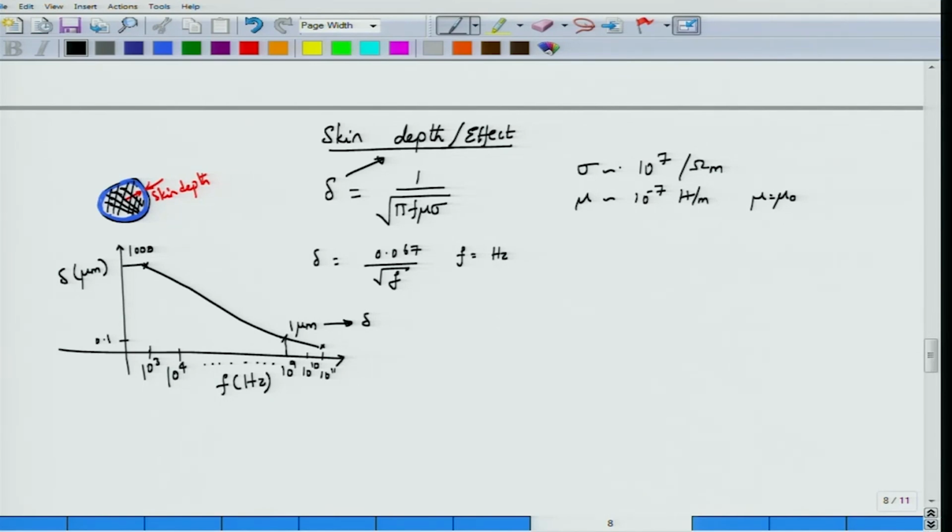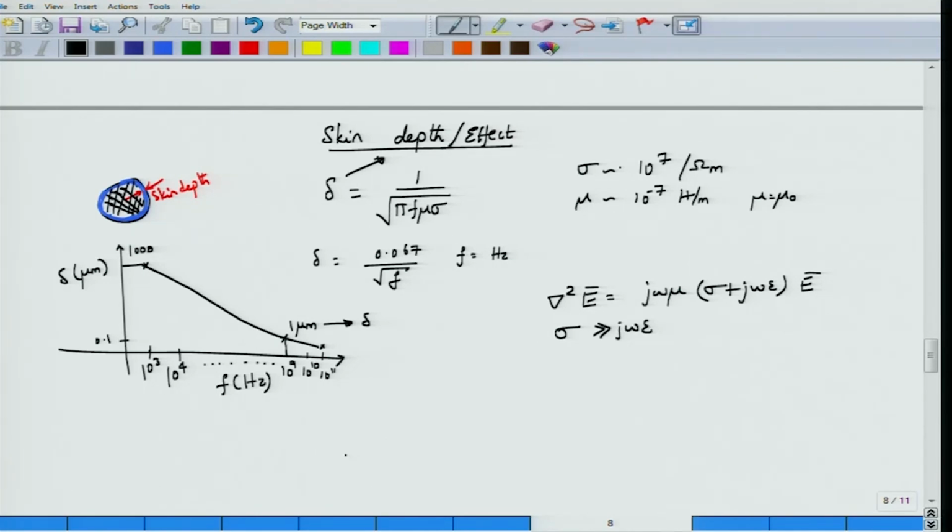Okay, so let's look at certain equations which will describe skin effect for us. To describe skin effect, I actually need to write an equation for current density vector J. To write an equation for current density vector, I start from an equation which I have for electric field, which is del square E is equal to j omega mu sigma plus j omega epsilon into E. And because this is a good conductor, skin effect is observed in those good conductors.